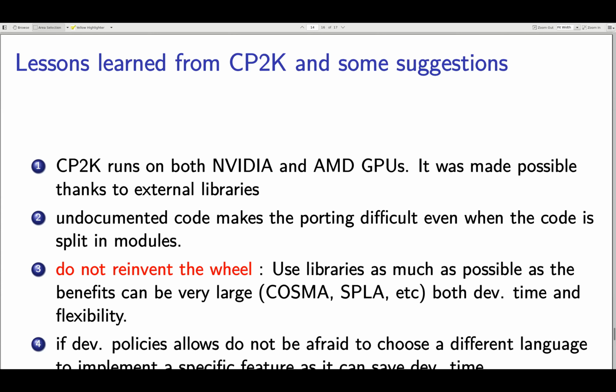The last one, which is not as important as people may think, but I think you shouldn't be afraid to use a different language to implement a specific feature, especially if it can save development time. But this is a minor point.